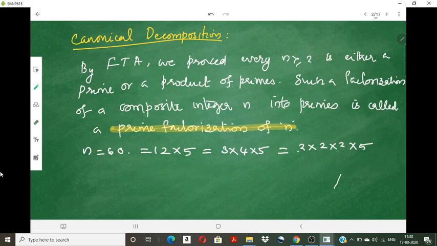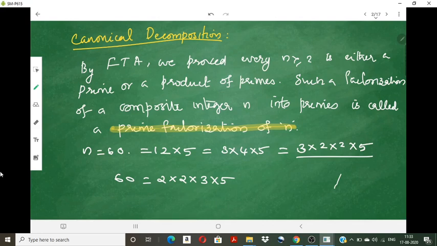This is a factorization of 60 into primes, or a prime factorization of 60.